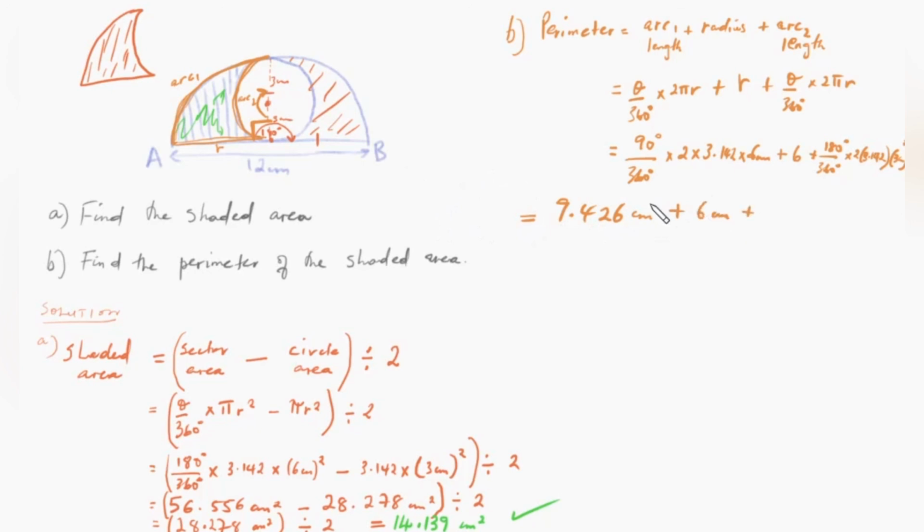What do we have here? That is half, 0.5. 0.5 times 2 times 3.142 times 3.